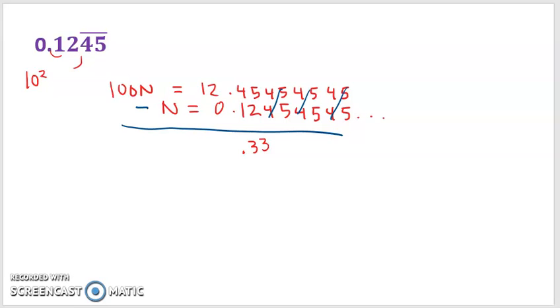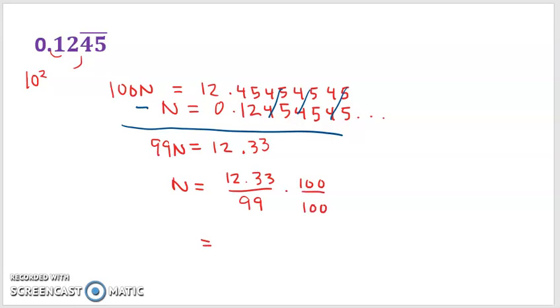So 12.33. 100n minus 1n, that's 99n, equals 12.33. So n would equal 12.33 over 99, but I don't want to leave it like that. So I'm going to multiply the top and bottom by 100 to get rid of that decimal.